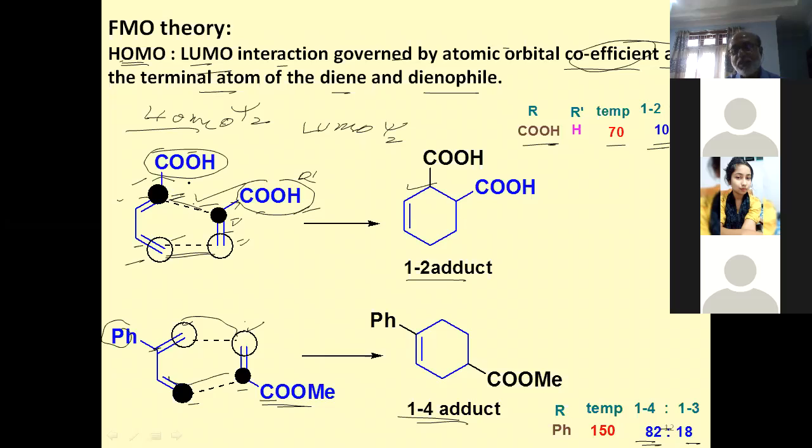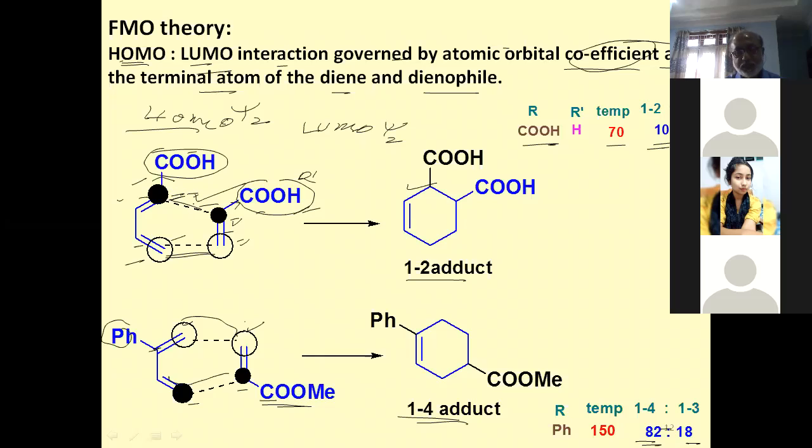Here it is not an ionic reaction. We are going by orbital symmetry, overlapping. Don't go by delta plus and delta plus interacting. No, it's not that way.